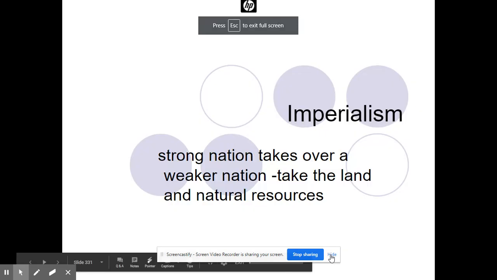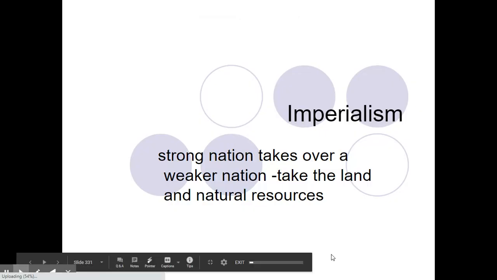Hey everybody, today we're going to be talking about imperialism. Imperialism happened right after and during the Industrial Revolution. Imperialism is when a strong imperial nation with all sorts of factories went to other countries that were less developed and took over their land.